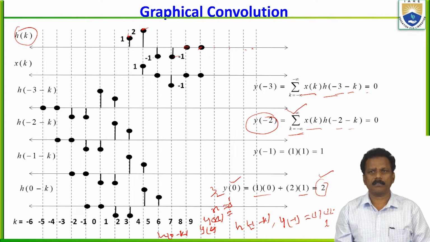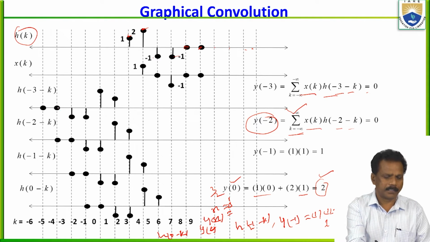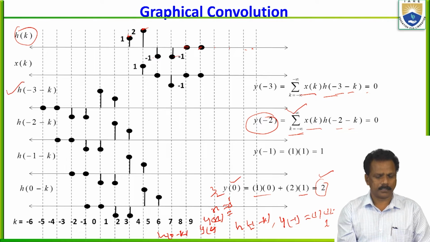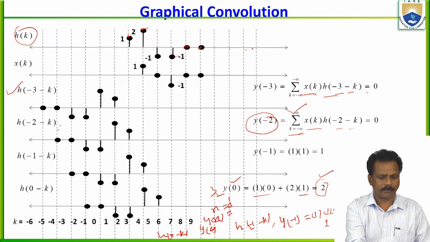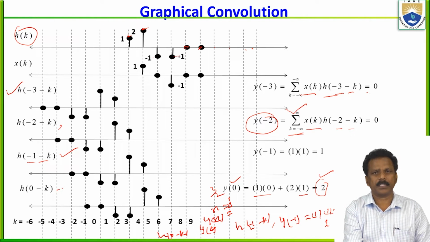This is the graphical convolution by substituting these values with reference to h of k and x of k, and h of minus 3 minus k and h of minus 2 minus k. After that h of minus 1 minus k, h of 0 minus k.